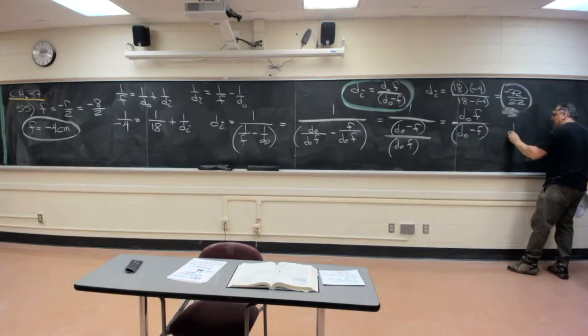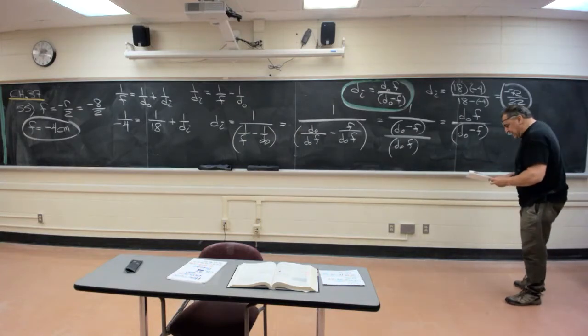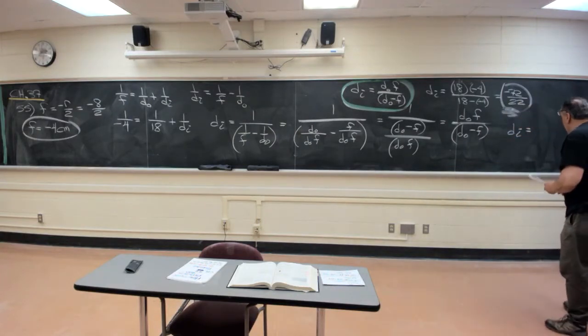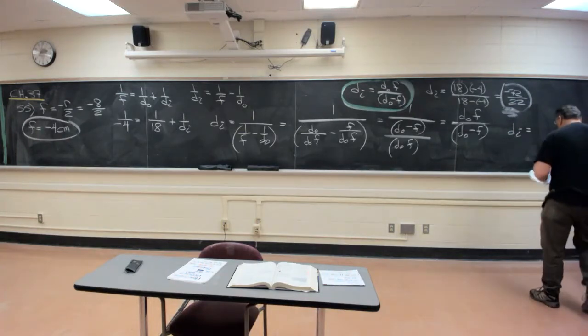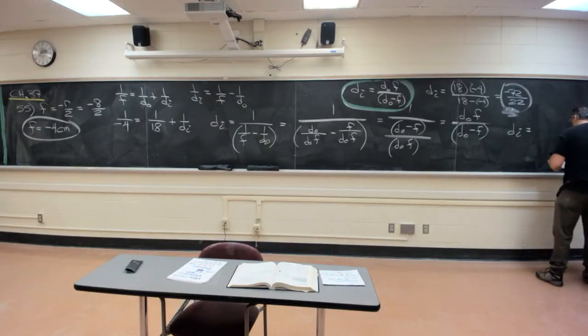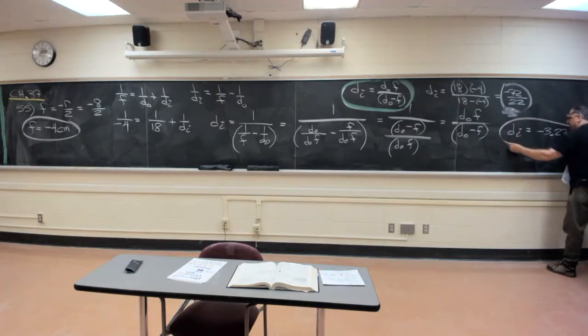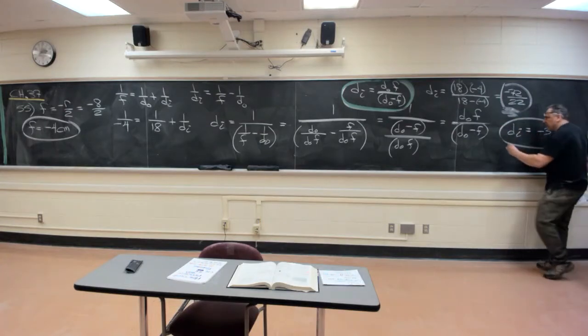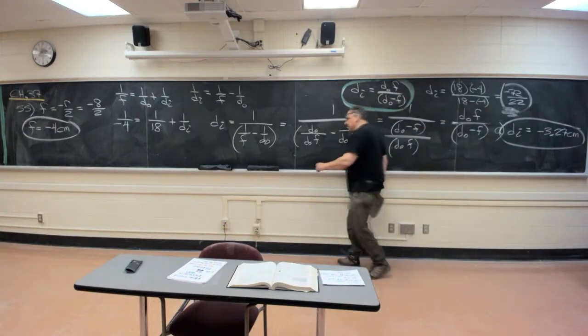Let's see what we got. There are a lot of ways to go here, and the way I got it, I had 36 over -11. 36 over -11 is -3 3/11 centimeters, that's -3.27 centimeters. So that is the image distance.